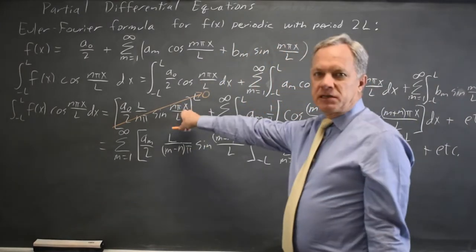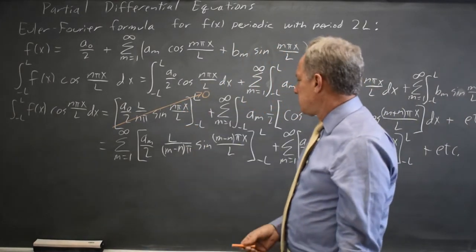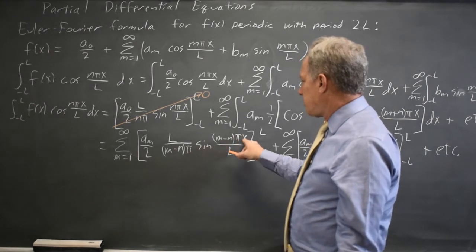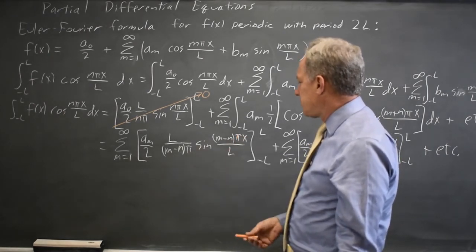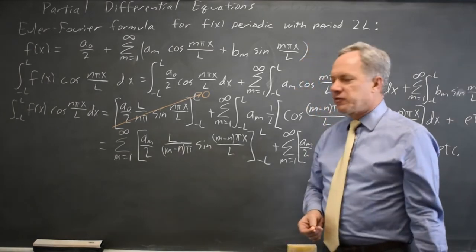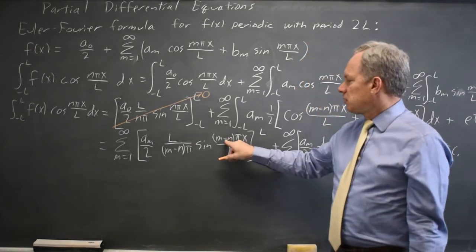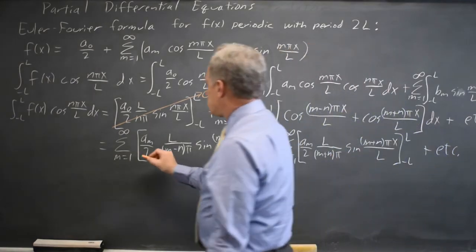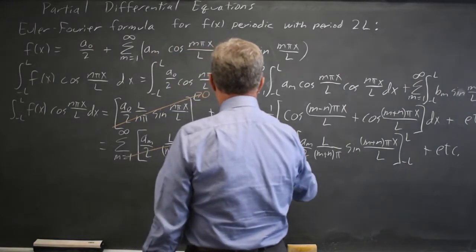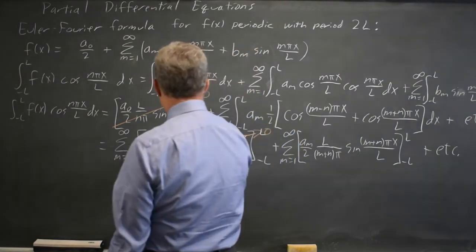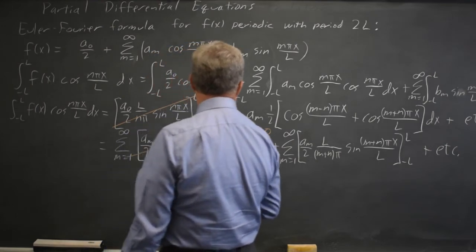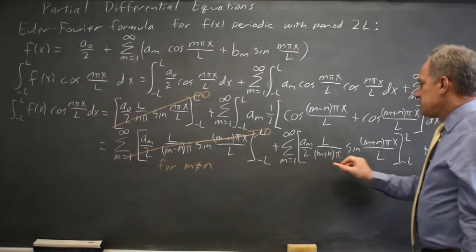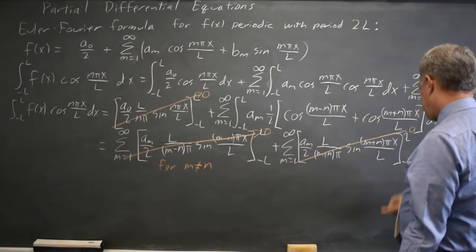But as happened here, sine of m minus n pi L over L is 0. Sine of m minus n pi times negative L over L is sine of negative some whole number times pi, which is 0. So this entire summation is 0 for m not equal to n. I'll come back to m equals n later. And this other term is 0 always.